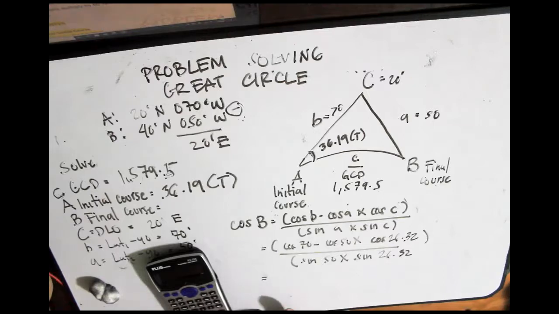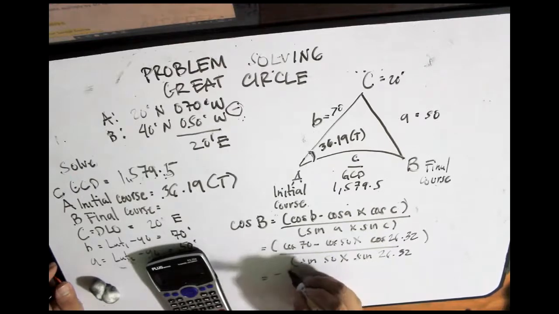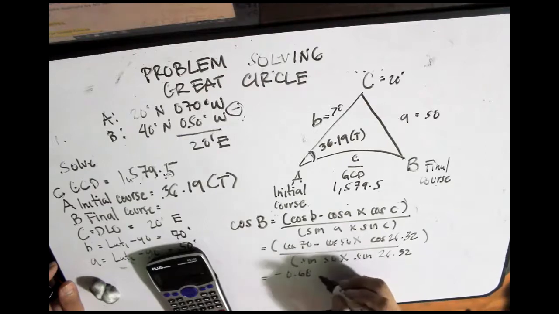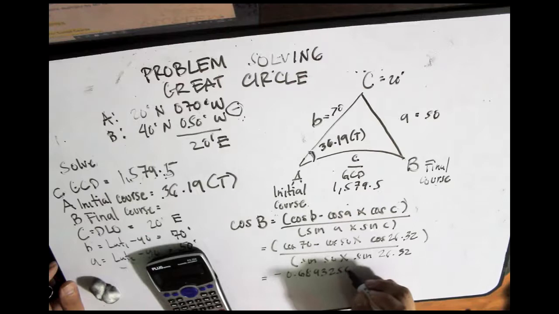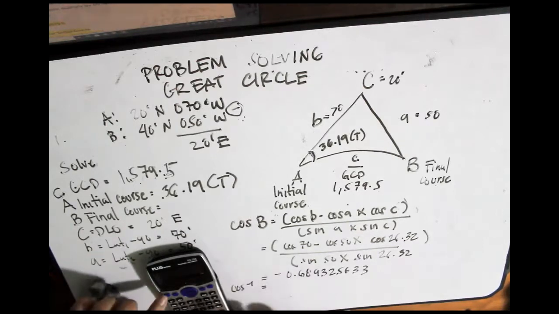So, yan. Lalabas dyan ay negative 0.689325633. Now, solve cosine raised to negative 1 or shift cosine answer.